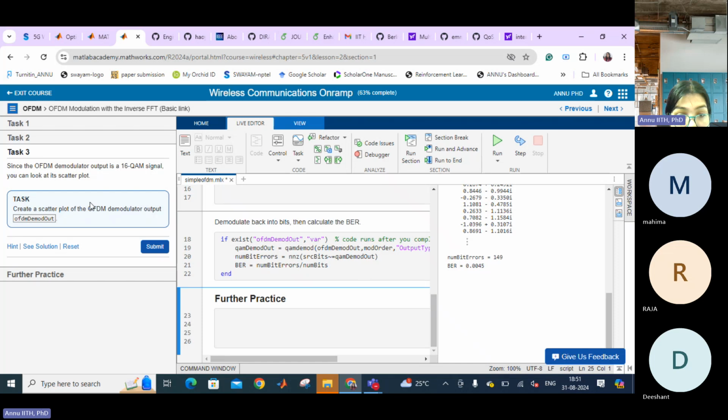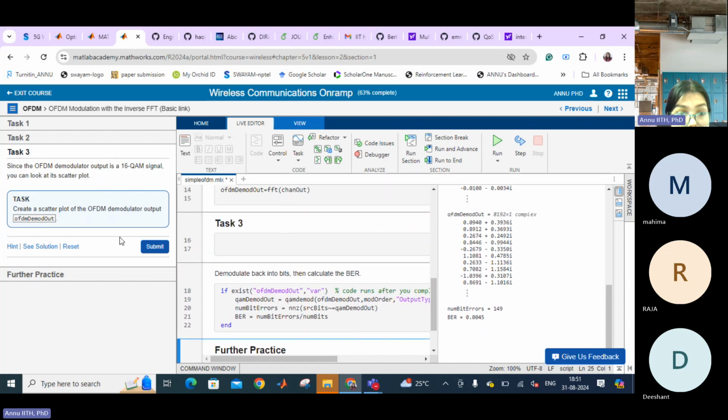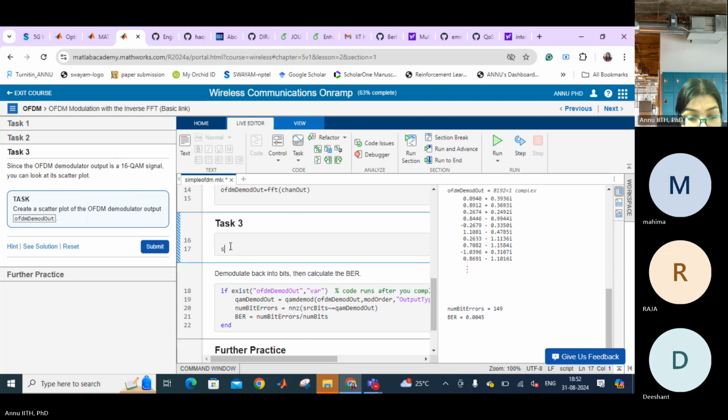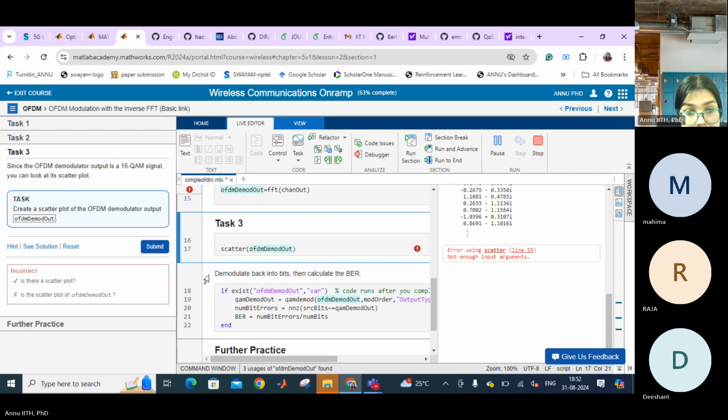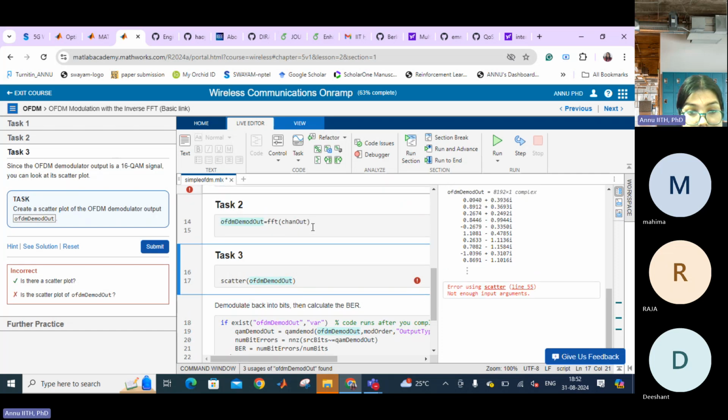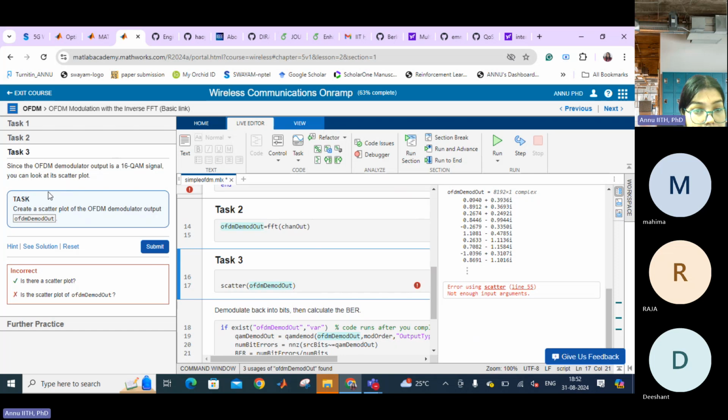Again, they have task 3. Since the OFDM demodulator output is 16 QAM symbols, you can look at the scatter plot.